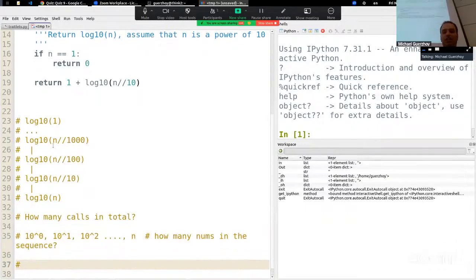And the answer is, well, if n is equal to 10 to the m for some m, then there are m plus 1 calls in total.